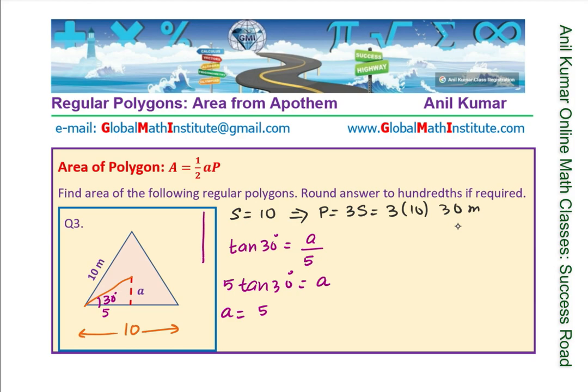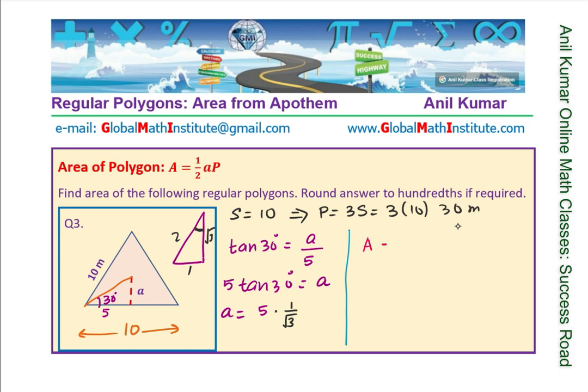Let me do it here itself now. So we are sketching it again and again so that you can get to that is 30 degrees, right? 1 over square root 3. So 5 times 1 over square root 3 becomes A.